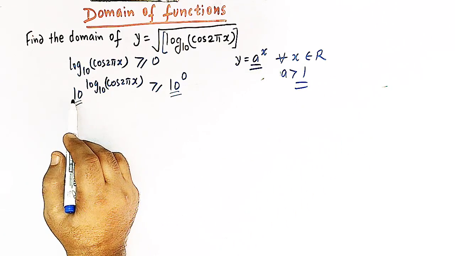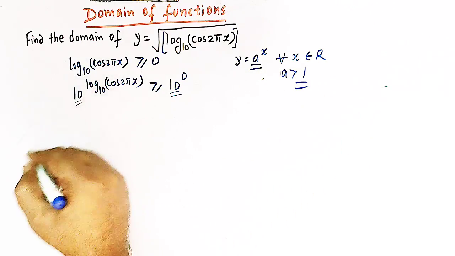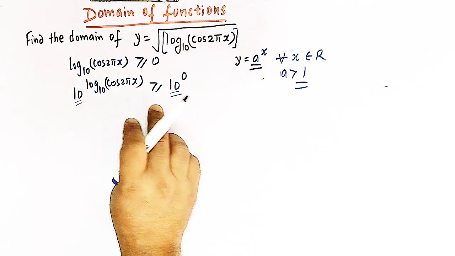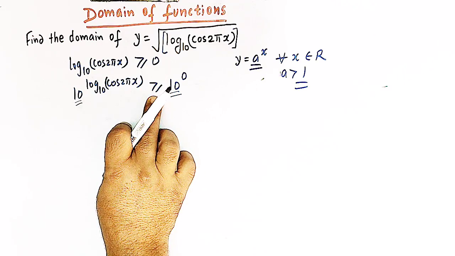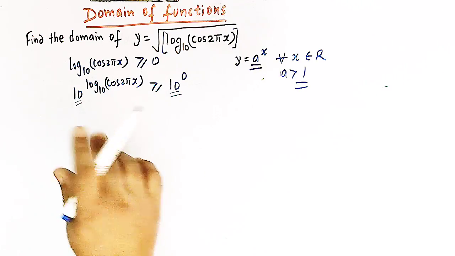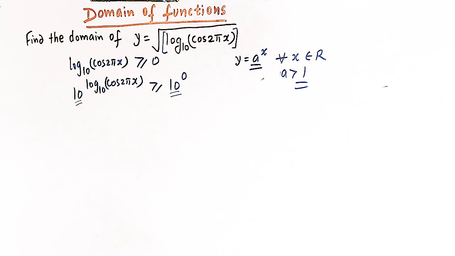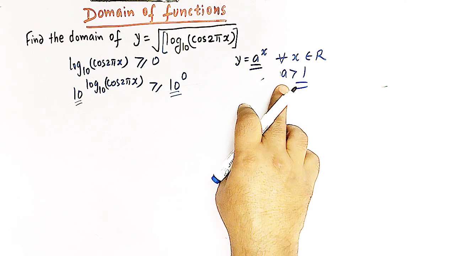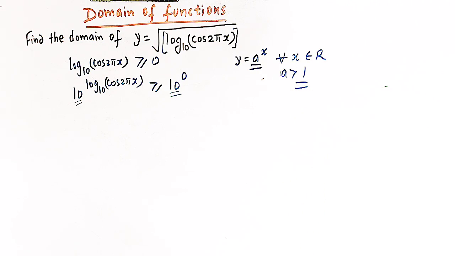So here when we raise both these numbers to the power of 10, then the direction of the inequality doesn't change, because the exponential function is an increasing function for all values of x belonging to the set of real numbers for a greater than 1.